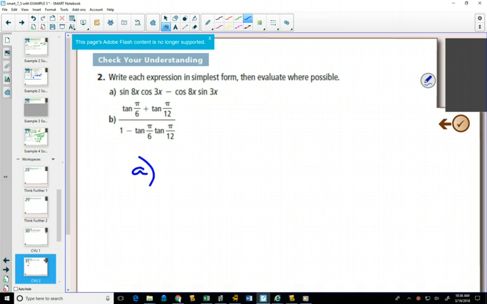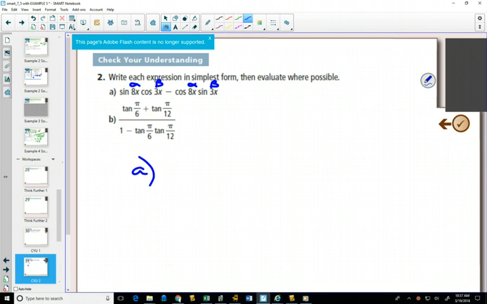So when they want you to write something in simplest form, like they have in part A, we recognize, hey, this has got sine and cos four different times. Which one of the formulas match up? I can call this my alpha, this my beta, this my alpha, this my beta. And so I want to look on my formula sheet. When do I have sine alpha cos beta minus cos alpha sine beta? Which one does that match up with?